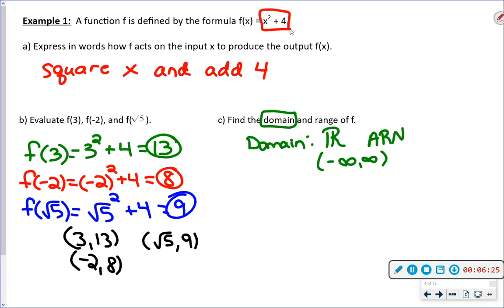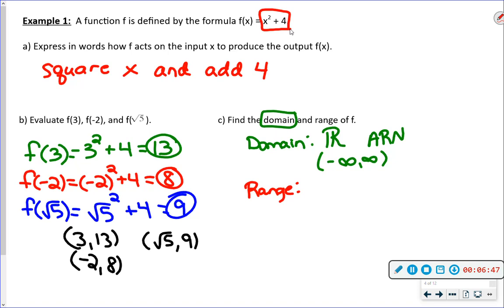Now, the range, let's talk about what we're going to get out of the function. So I'm looking at my function, x squared plus 4, and I'm thinking, okay, what am I going to get out of this function? So I'm thinking really in terms of the smallest answer I would get to the biggest answer. So first I'm thinking small. Well, you put a negative number in here.